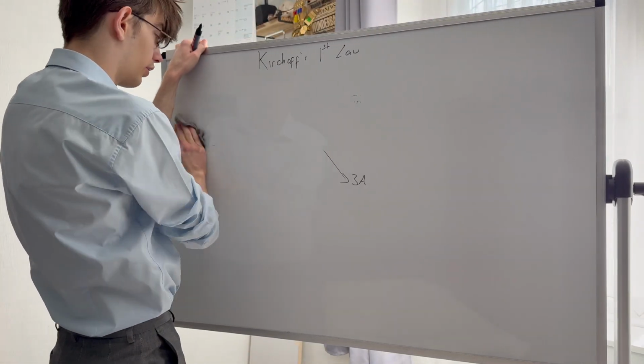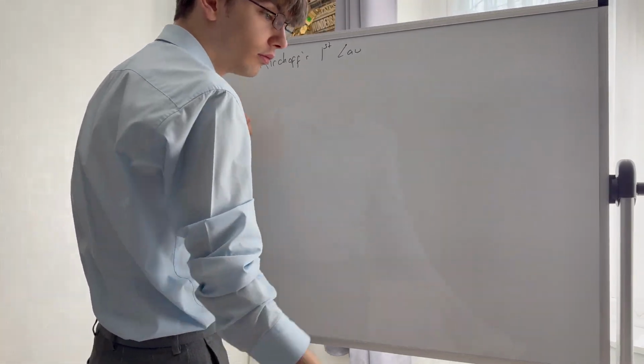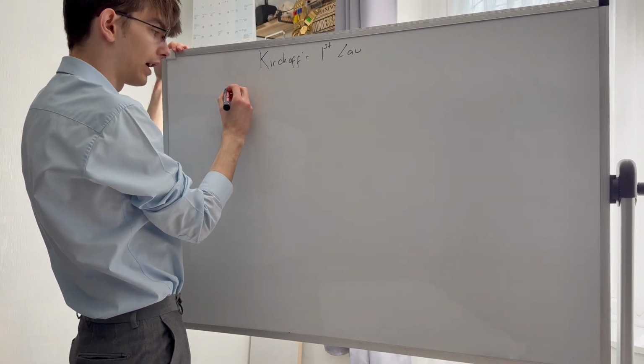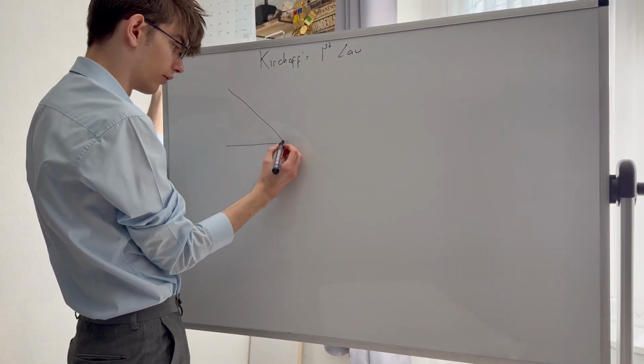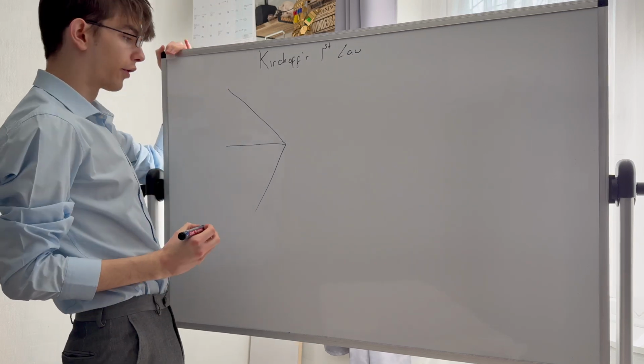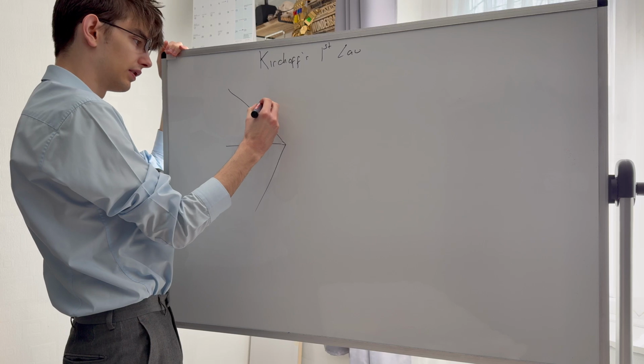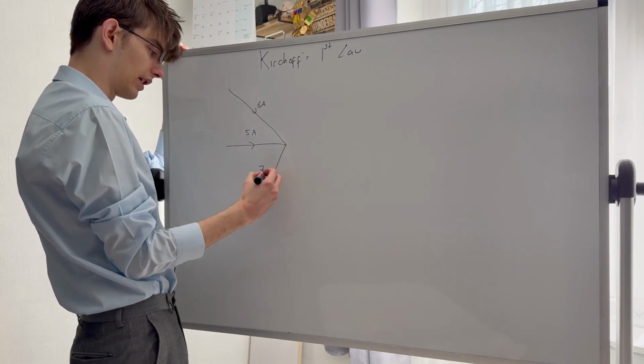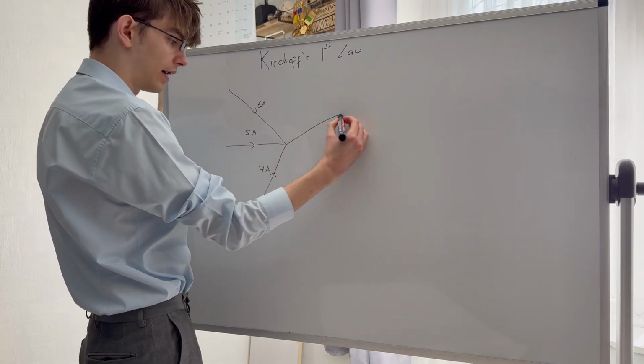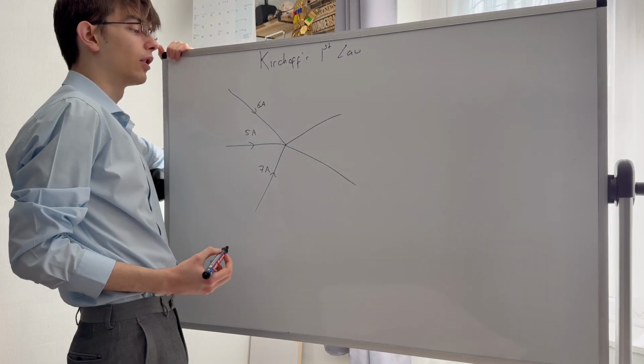So a junction also exists if I have, I'm going to go really crazy, 3 wires coming in, let's say 5 amps, 6 amps, 7 amps, and then 2 wires coming out.